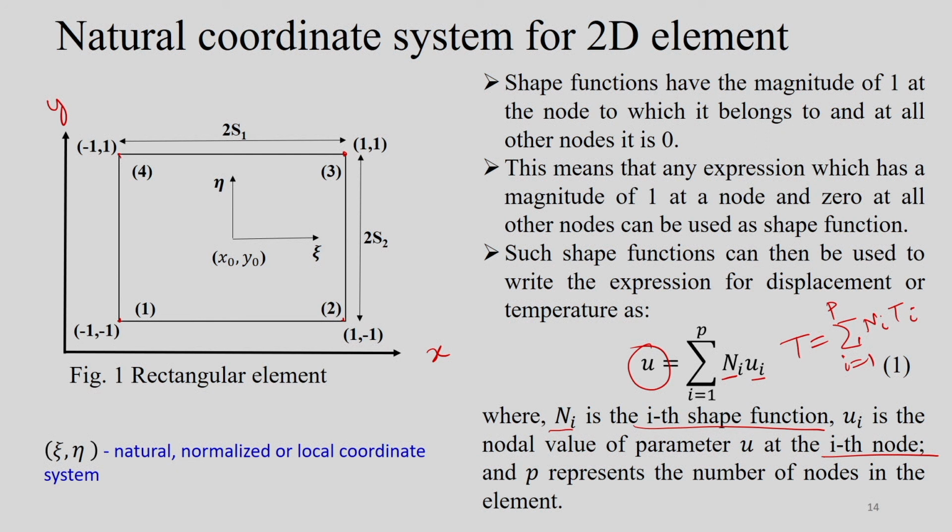But for this particular element we can introduce another axis system, x0 y0, the CG of this element, at the center point, and use the two axes xi and eta, such that the variation along the xi axis goes from -1 to +1 with respect to this point, and along the other axis also from -1 to +1.